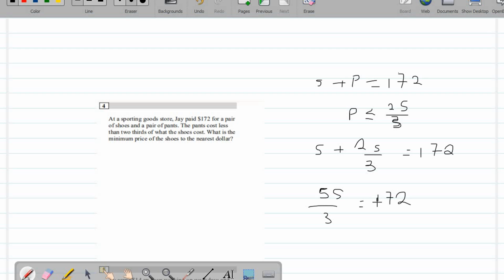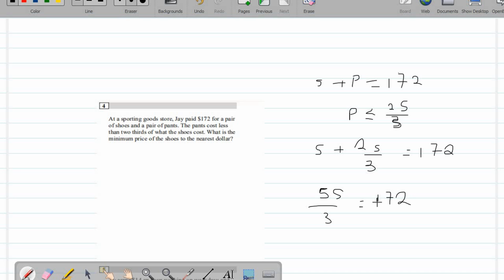So if P is less than 2S over 3, 2/3 of the shoe, and we're saying that the shoe is about $103.2, then the price of the pants is less than 103 times 2 divided by 3, which is about $68.8.